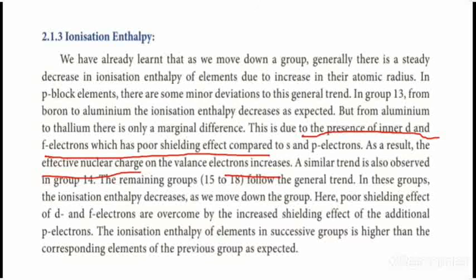Okay. When the shielding effect decreases, the effective nuclear charge on the valence electron increases. As a result, there is no greater change in the ionization energy. In the remaining groups, there is no change. It follows the general trend. Okay.